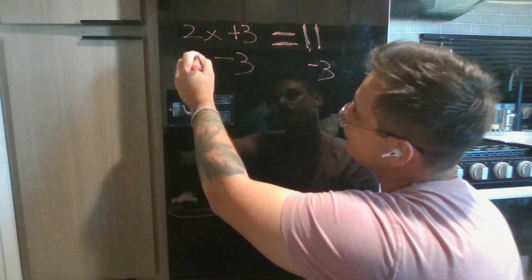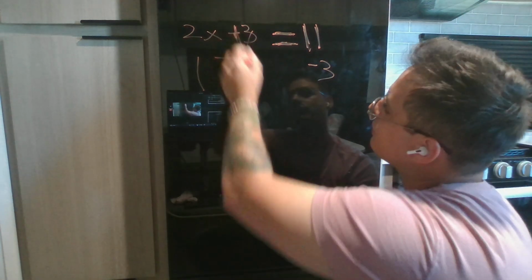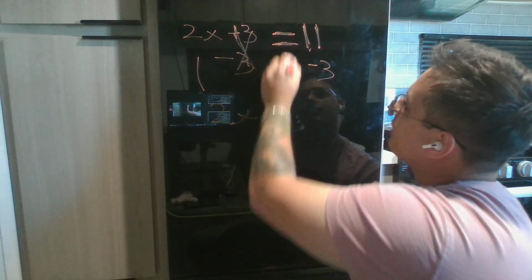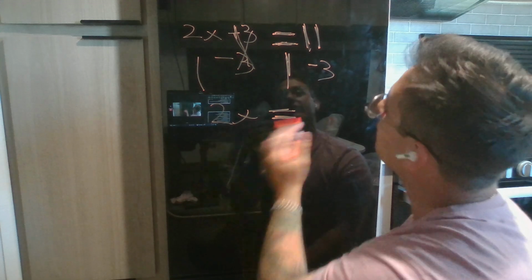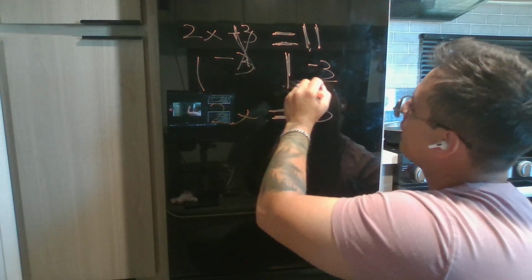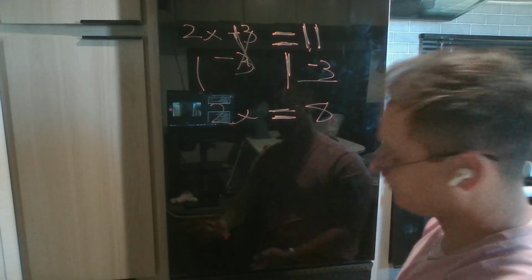Bring that 2x down. This cancels out. Bring our equal sign down. 11 minus 3 is 8. Bring that down. So now we have 2x equals 8.